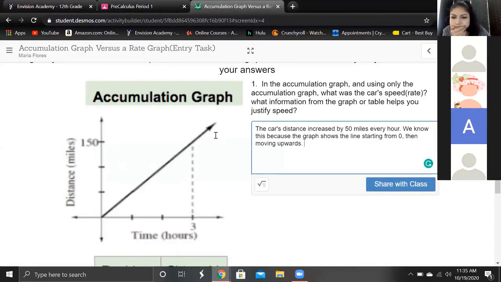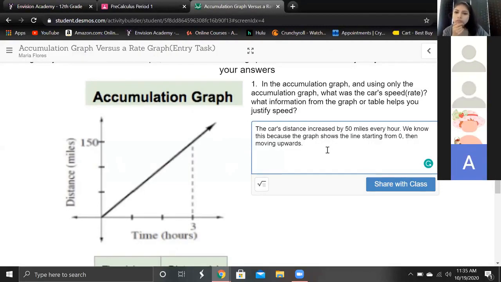Doesn't this graph show that the speed isn't changing because it's just going straight and the distance is increasing? Yeah. Because the question also asks, what information from the graph or table helps you justify speed? So how should I explain it?